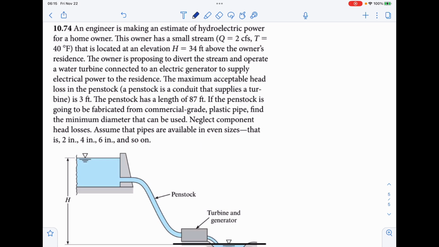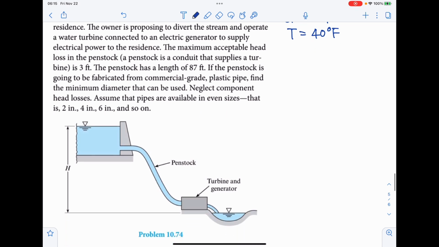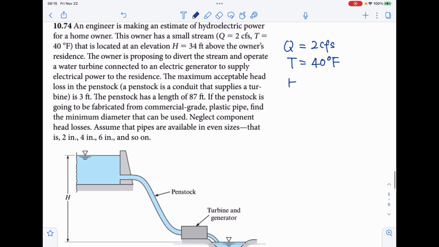Now let's look at problem 10.74. So we have a penstock connecting the reservoir and the turbine. So the Q of the problem is given, which is 2 cubic feet per second. The temperature is 40 degrees Fahrenheit. The height difference is 34 feet. The length of the penstock is 87 feet.